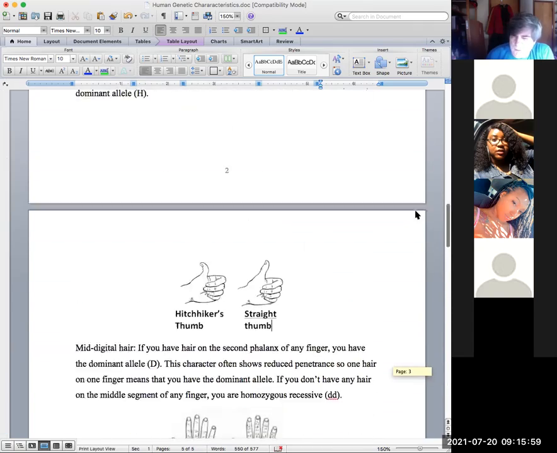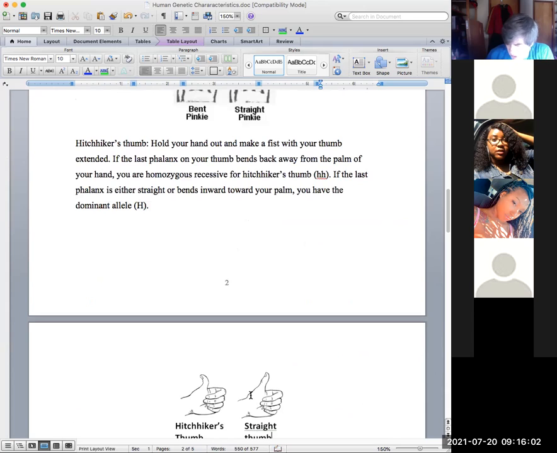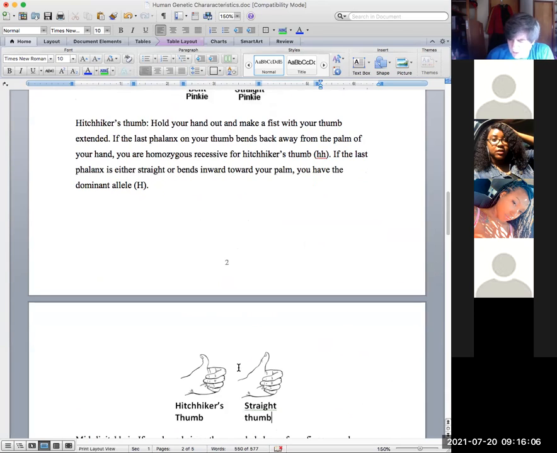So the next one we're looking at is hitchhiker's thumb. And again, we're contrasting this with having a straight thumb. In this case, if you have hitchhiker's thumb, and again, you don't want to look just at the nail, you actually want to look at the joint.